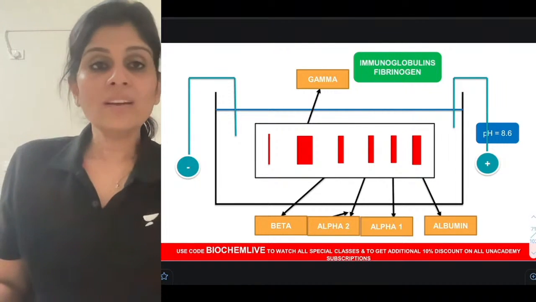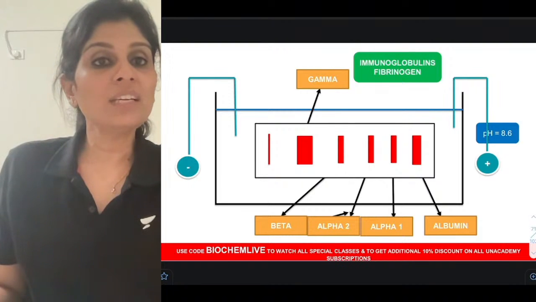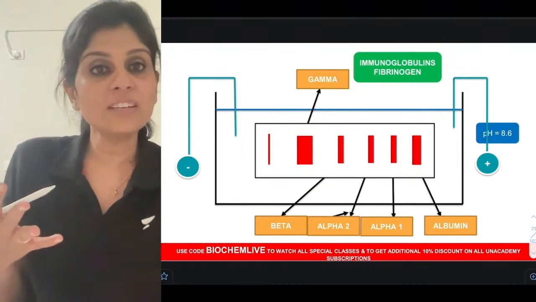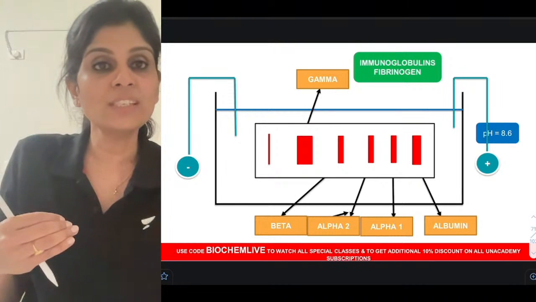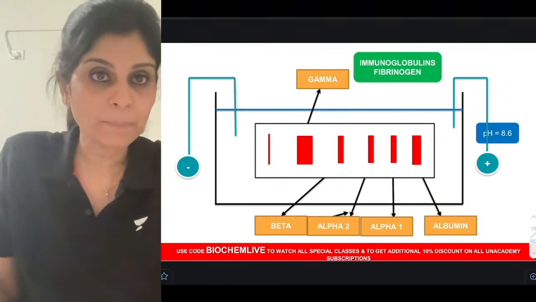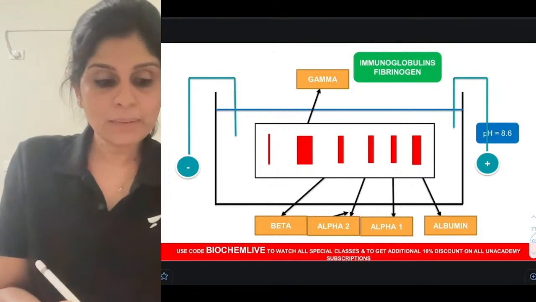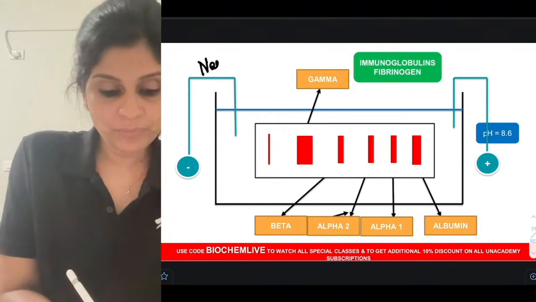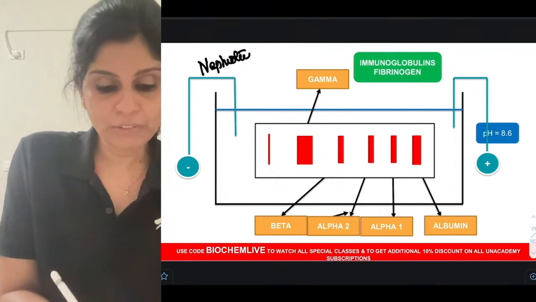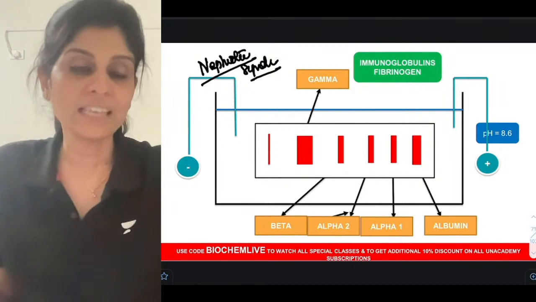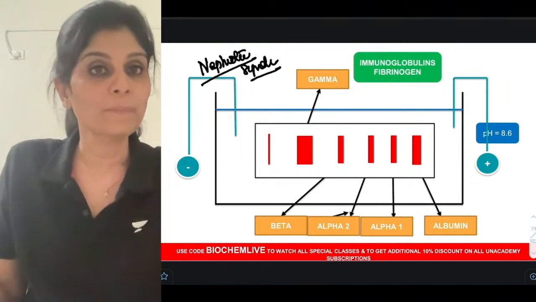Now, what are the other applications of protein electrophoresis? Not only for multiple myeloma, there are a few other disorders where you can use electrophoresis as add-on evidence. An example is nephrotic syndrome. Can you all tell me what is nephrotic syndrome? Any term or phrase that you can think of as far as nephrotic syndrome is concerned?